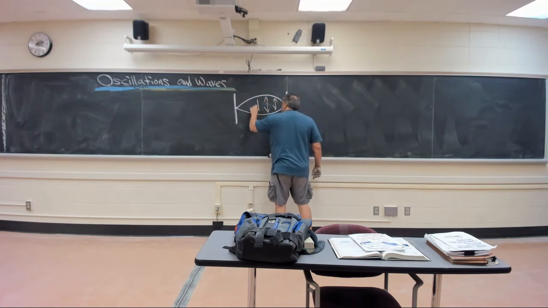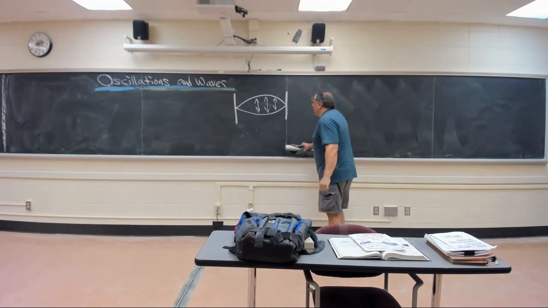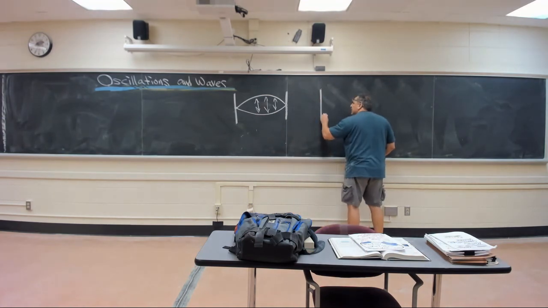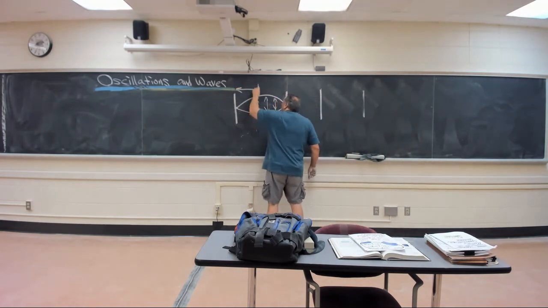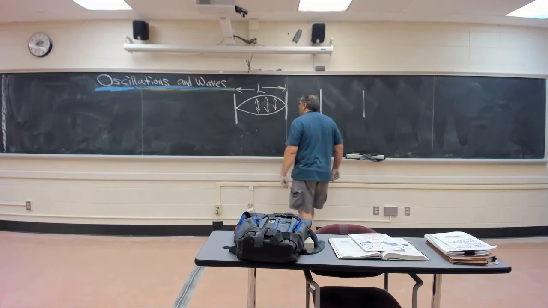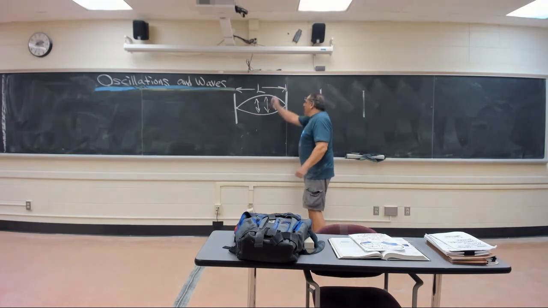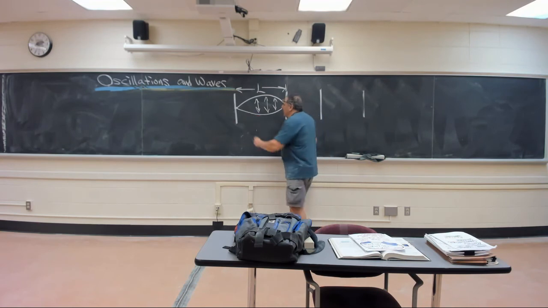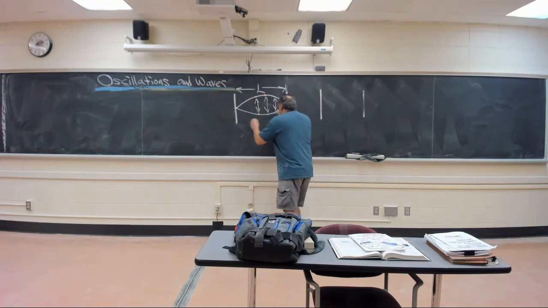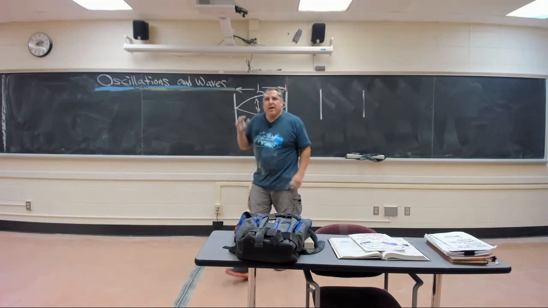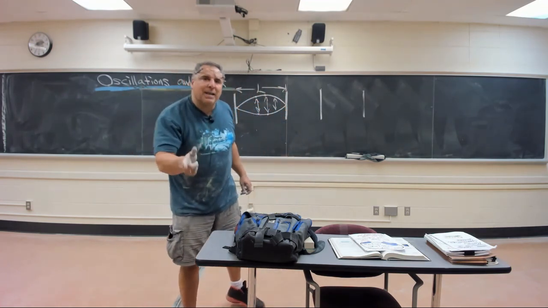There's another string of the same length, and let's say this length is capital L. When I pluck the string, it does not get any taller or lower than where it is. It oscillates between here and here, continuously reflecting back and forth. There's your standing wave, and it's consistent with the mathematics that I just did.